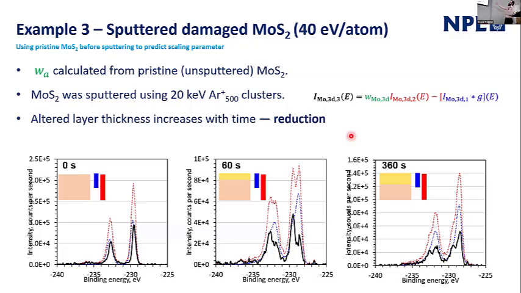Of course, as you keep sputtering, you reach a point where the altered layer increases so much that there's no real difference in the depth distribution for both those spectra.